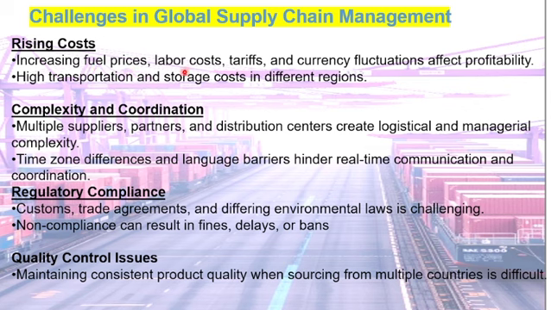Increasing fuel price, labor cost, tariffs, and currency fluctuation affect profitability. So these are all the rising costs, including high transportation and storage costs in different regions. This is the big challenge.